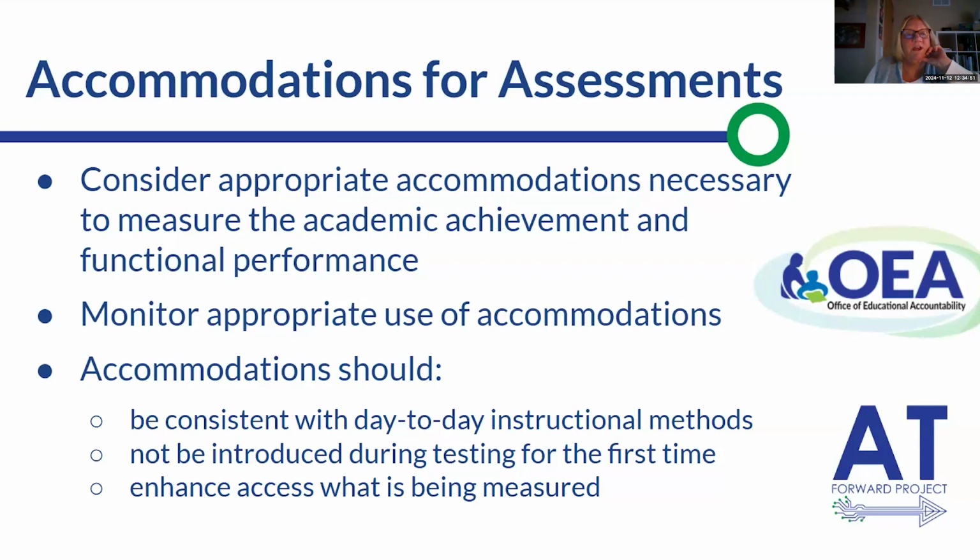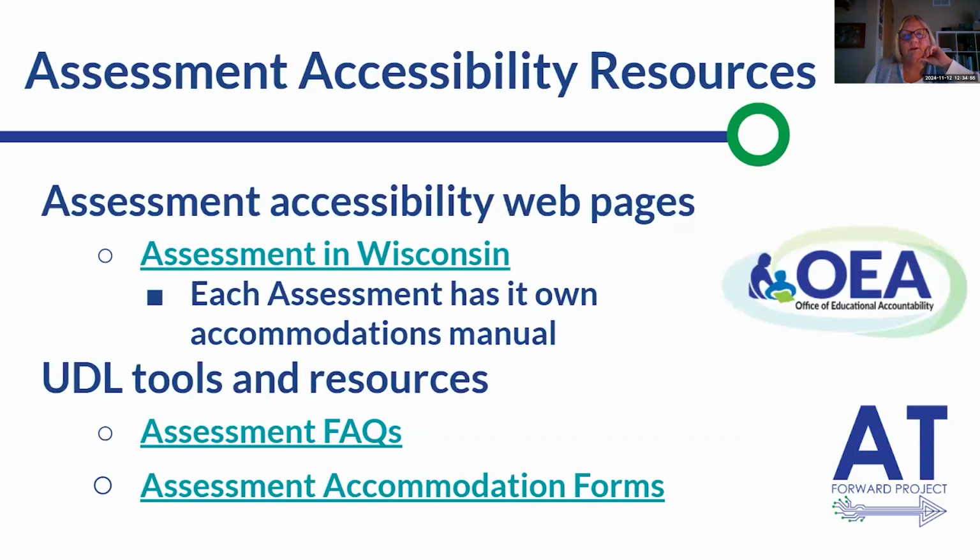And just for your information, on the next slide, I have listed the assessment in Wisconsin's webpage. And I also wanted to share with you two tools and resources. So the assessment FAQ is really nice. It does answer a lot of questions that you might have, but there's also that assessment accommodations form there.